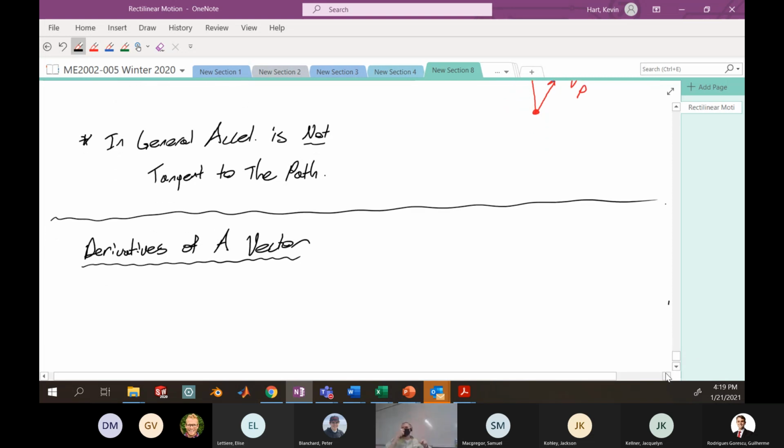So we'll write it with some arbitrary vector for now, and we'll work in rectangular components for now. Let's say we consider a vector, let's call it P, with rectangular components.